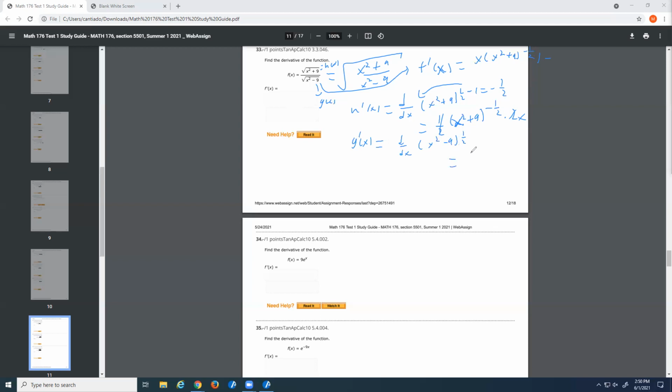Yeah, it should actually be exactly the same, except instead of x squared plus 9, we'll have x squared minus 9 on the inside, like this.